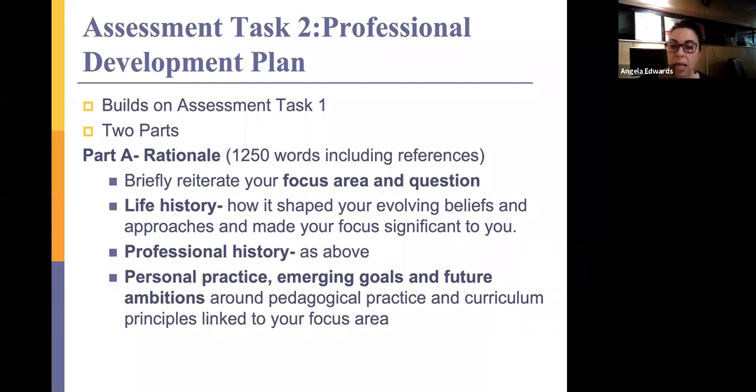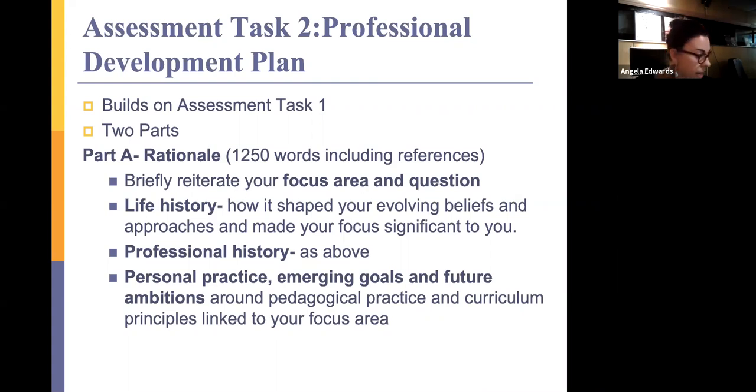And then again, you need to consider how this professional history has shaped your evolving pedagogical beliefs and approaches to curriculum, specifically relating to your chosen focus and research question. So always coming back to that focus and research question.